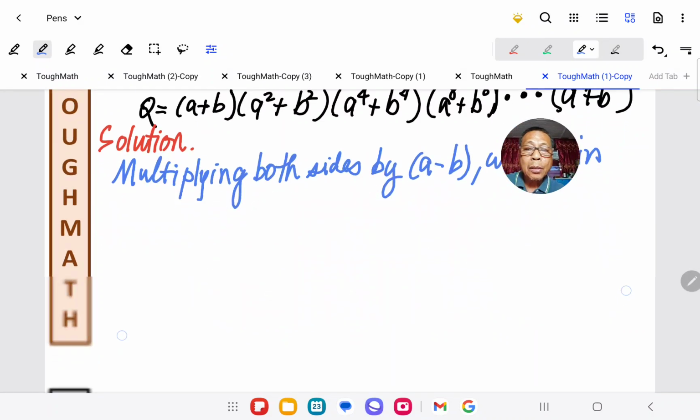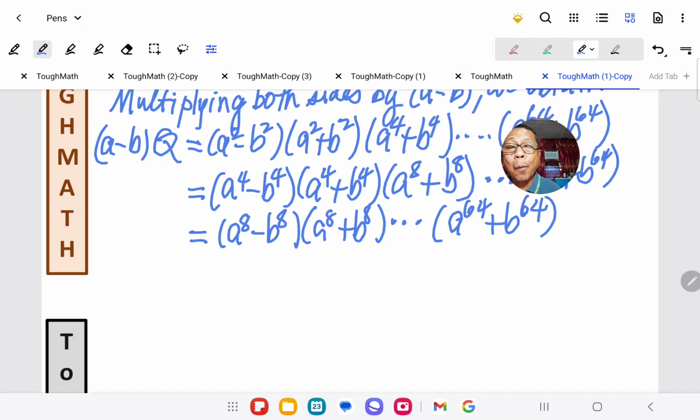Okay, so if you observe the pattern from one step to the next, then you can now conclude in general that the final expression would be A to the 128 minus B to the 128.